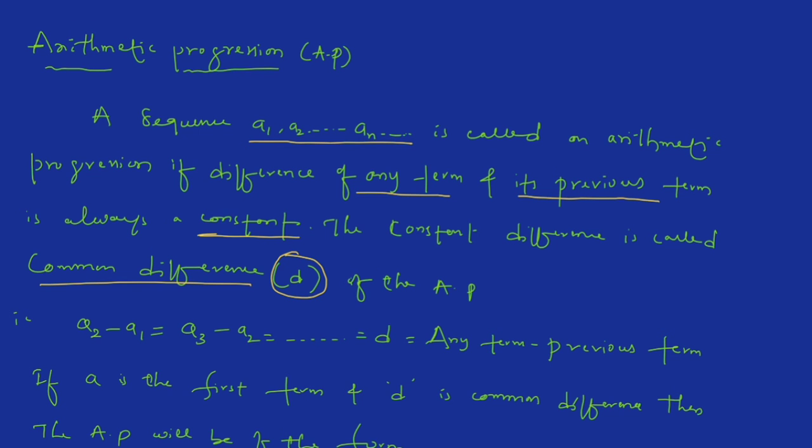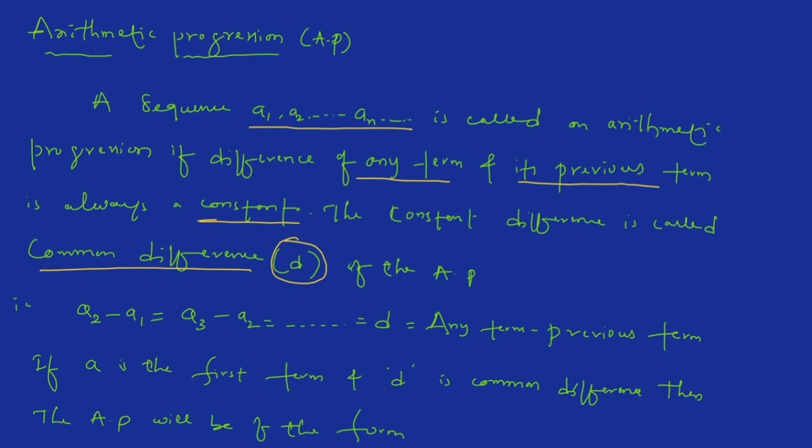So now let's see. a2 minus a1 equals a3 minus a2, which equals a4 minus a3, and so on, which equals d. The difference between any two consecutive terms is d, a constant difference. Therefore, we can say any term minus the previous term equals the common difference d, right?